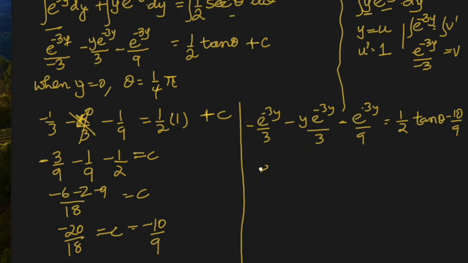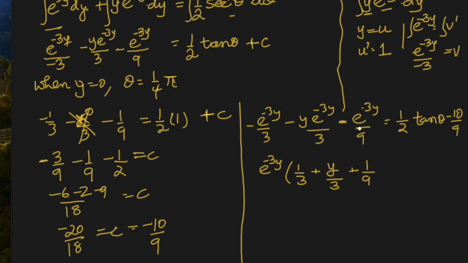Let's take e to the power minus 3y as common. So what are we left here with? Minus, I'm multiplying everything by negative 1, so it has to be positive now. 1 over 3 plus y over 3 plus 1 over 9, and this will still be positive, right?